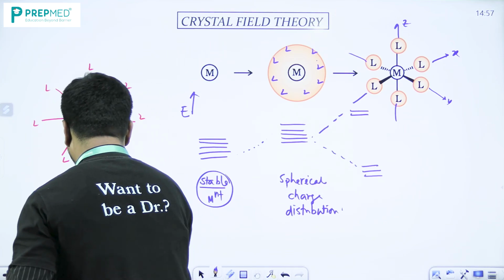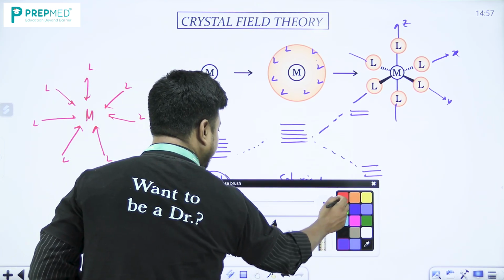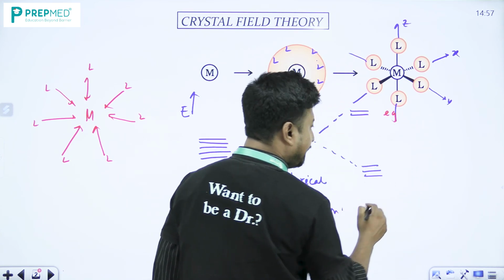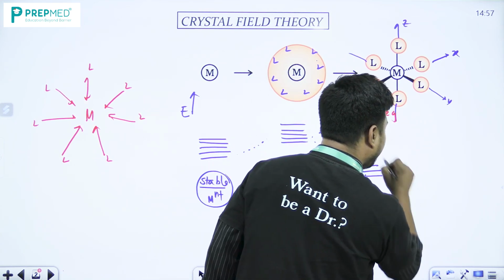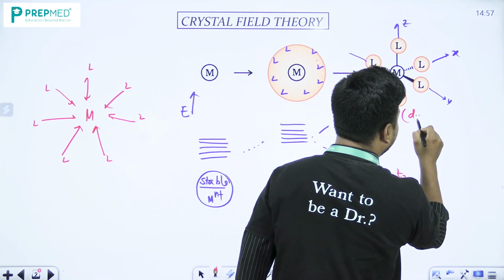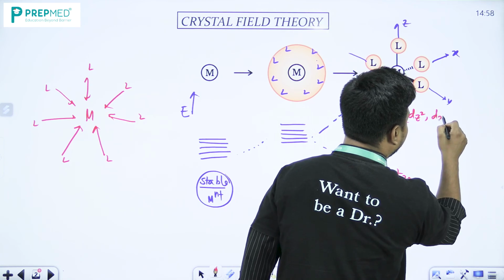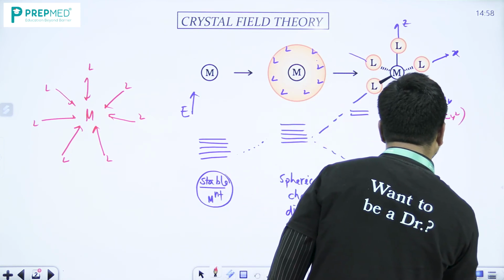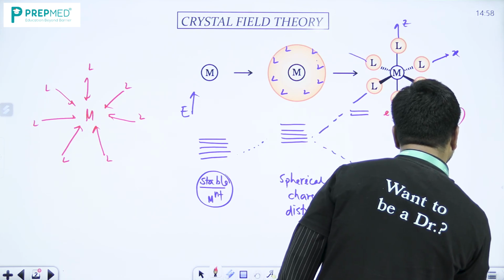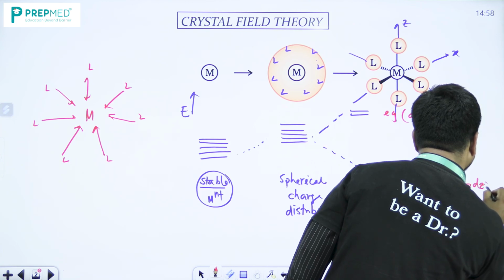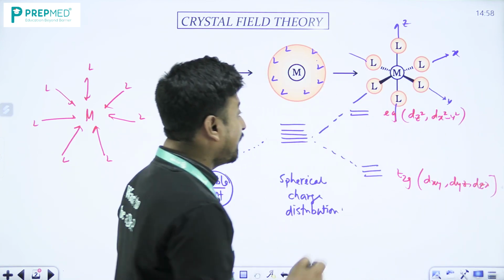So basically this set is called the EG set of orbitals, and this set is called the T2G set of orbitals. In the EG set we have dz square and dx square minus y square, and in the T2G set we have dxy, dyz and dxz, right? So these are the orbitals we have.